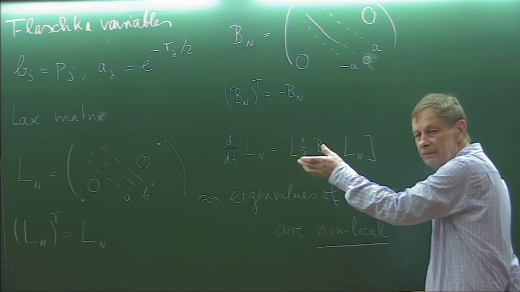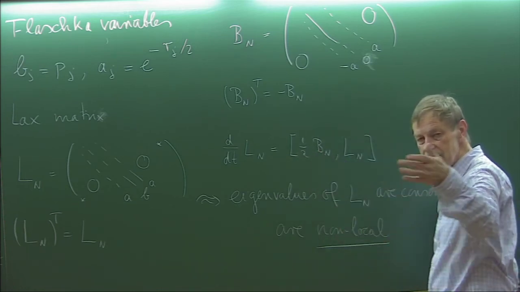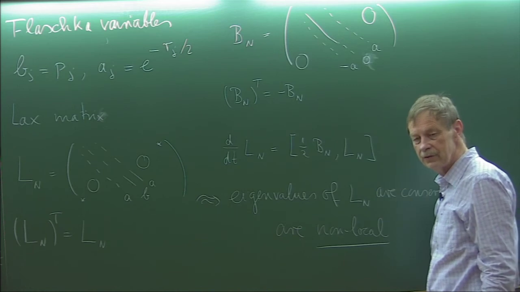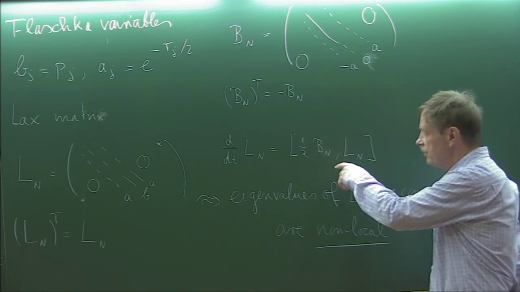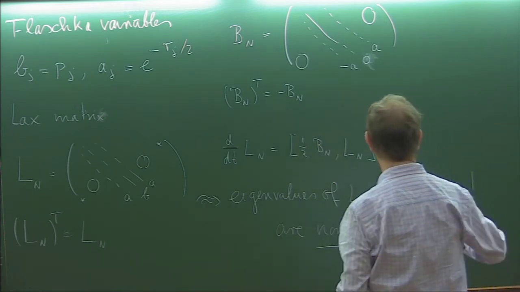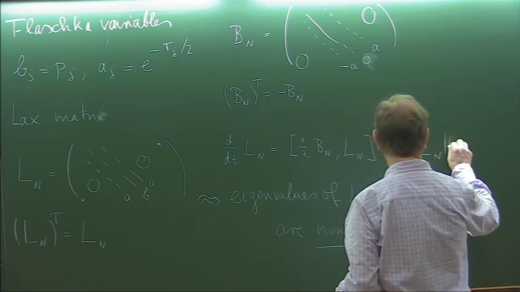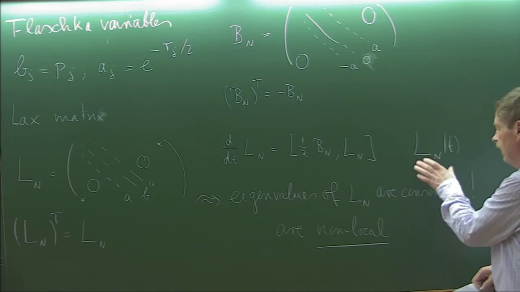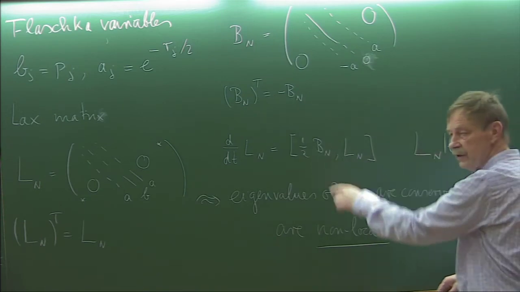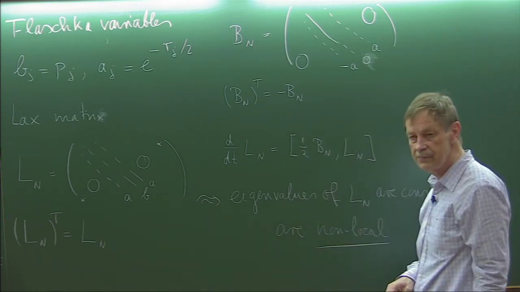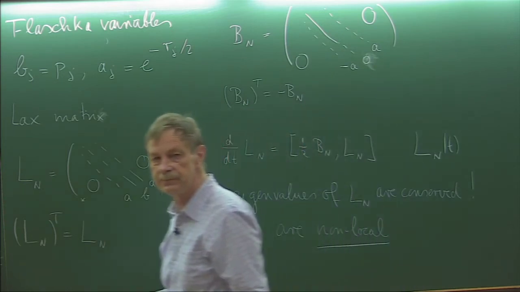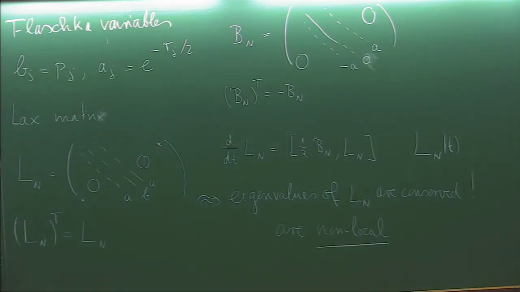Well, it's time dependent, but nevertheless it's a sequence of unitaries, and therefore the solution of this equation, Ln of t, is unitary equivalent to Ln at time zero. Okay, that's fair enough. It's an anti-symmetric matrix, so the exponential will be something which is a unitary.